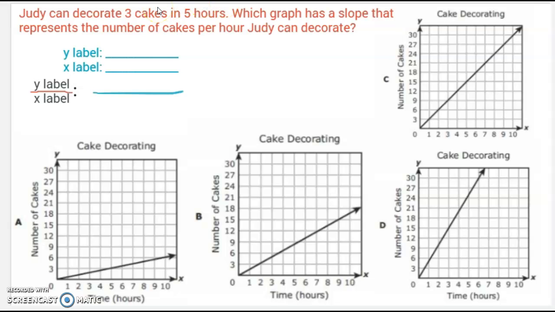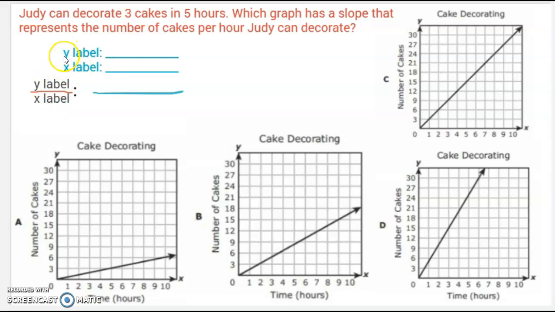So if we read our description, Judy can decorate 3 cakes in 5 hours. Which graph has a slope that represents the number of cakes per hour Judy can decorate? Okay, so if we follow the steps on our checklist, we're going to look for the y-axis label, the x-axis label, and then we're going to set them up as a fraction.